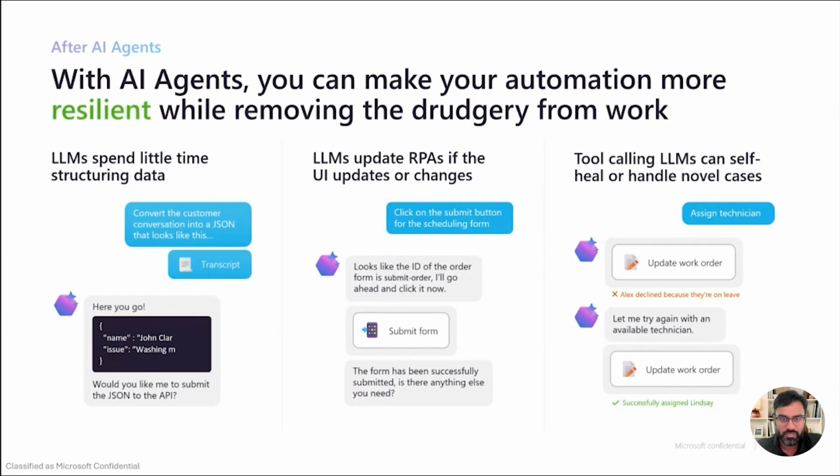But agents can take any such changes in terms of input or in terms of data. They can self-heal and handle any such cases, right? So that's why agents are much more resilient compared to just invoking an AI endpoint.